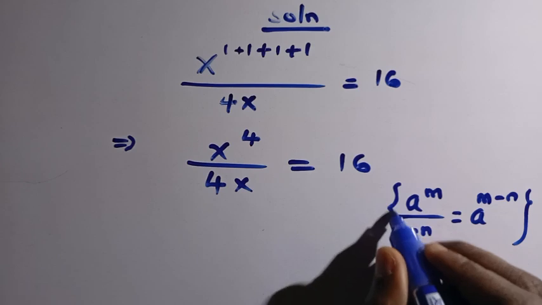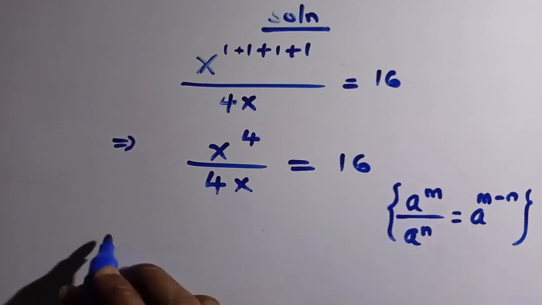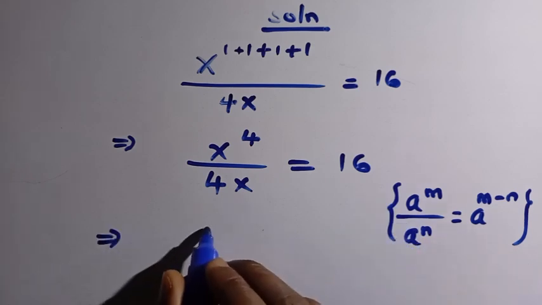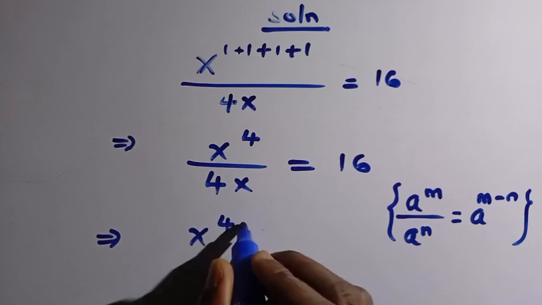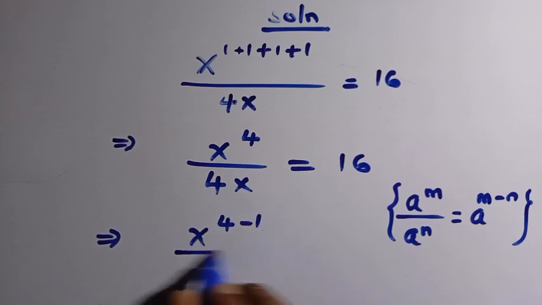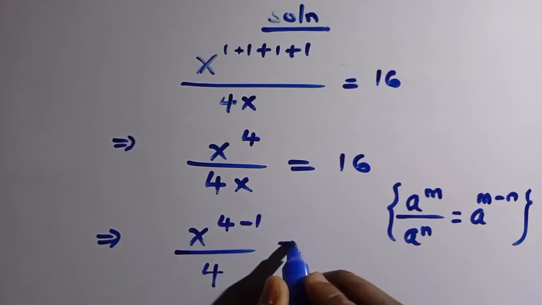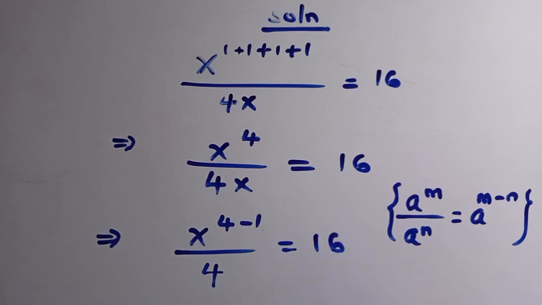We are going to consider this. So here becomes x raised to power of 4 minus 1 divided by 4 equals 16.